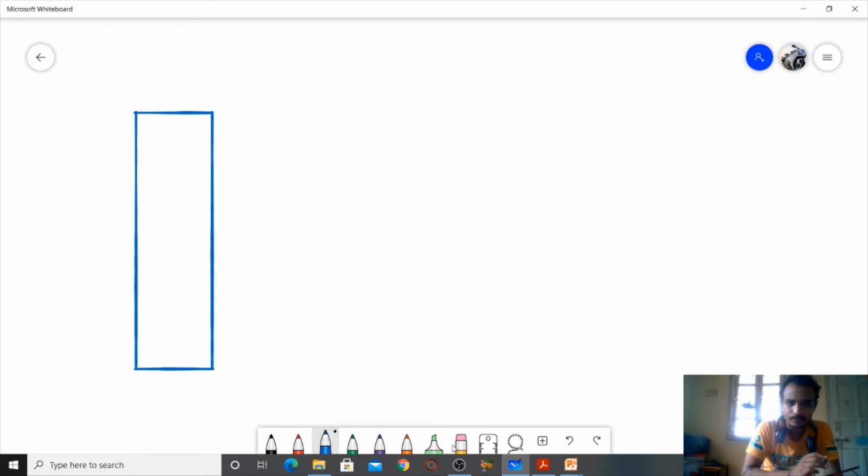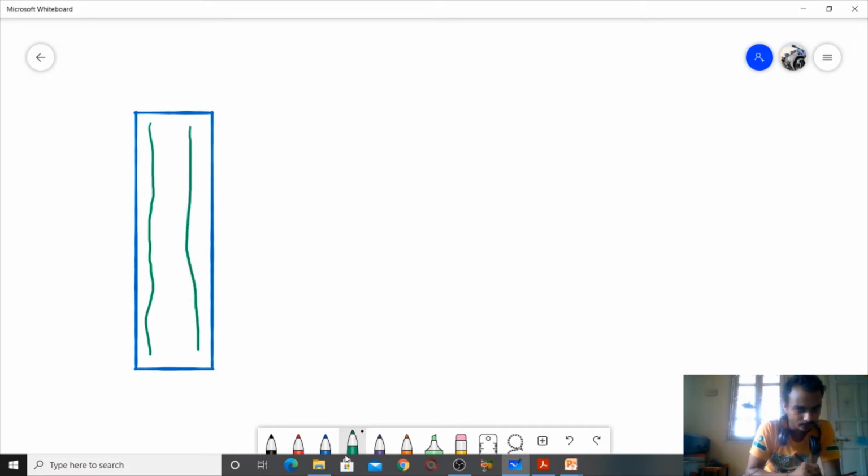Here is a column with longitudinal reinforcement. In the column we have ties, here, here, here, here. This type is called a tied column.